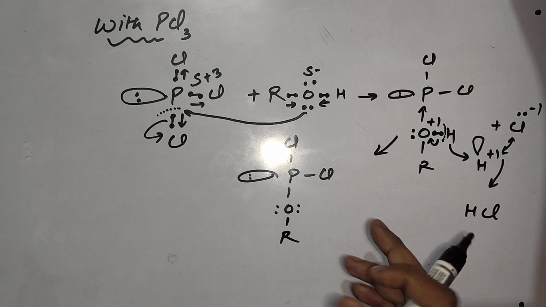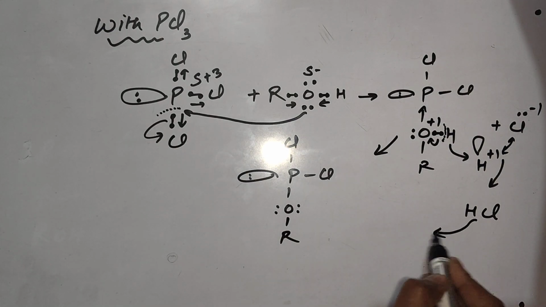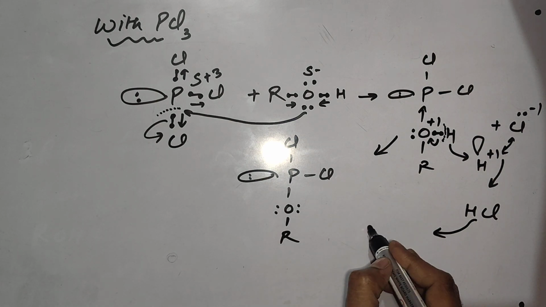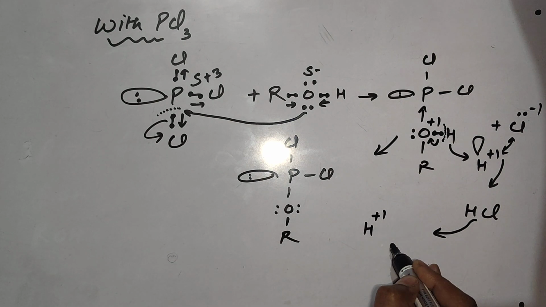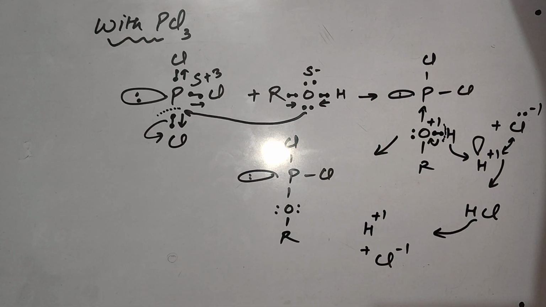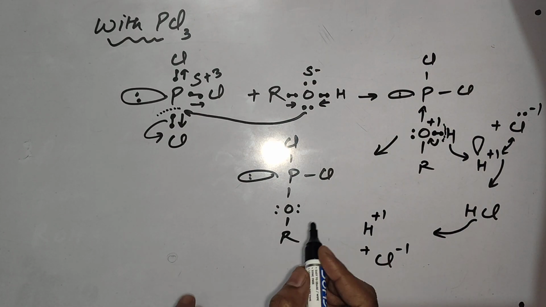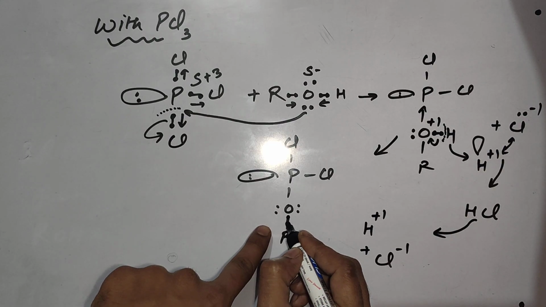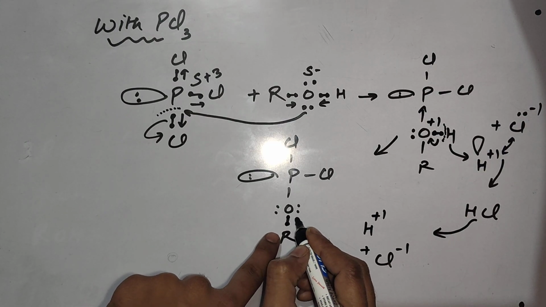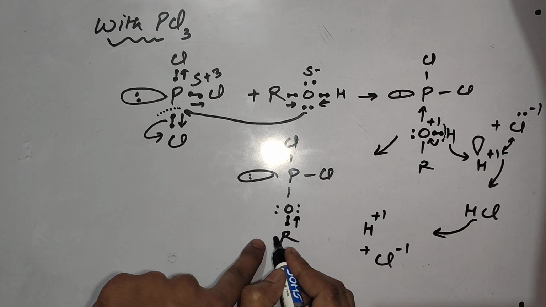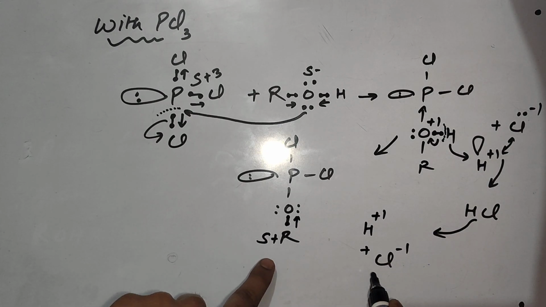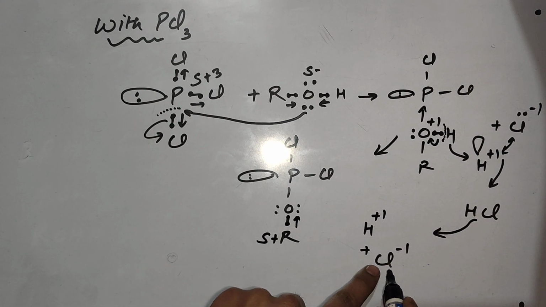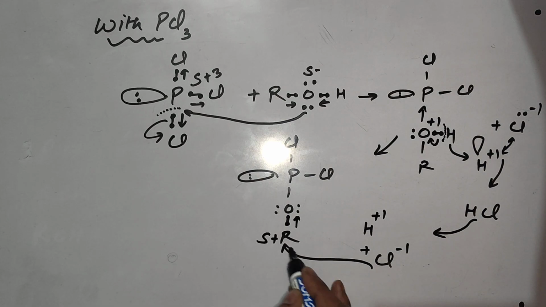We know HCl is a strong acid, so strong acids always break and provide H positive ions. So again I am breaking them in two parts, Cl negative and H positive. Now here, because oxygen is more electronegative than R, this R carries a partial positive charge which will be attacked by the released chloride. It will be a backside attack. SN2 mechanism will happen there.